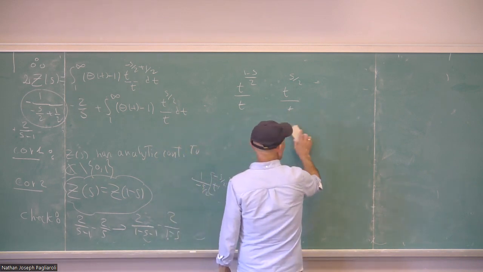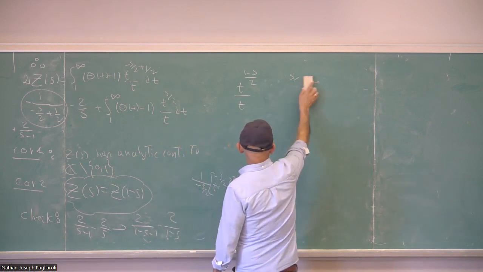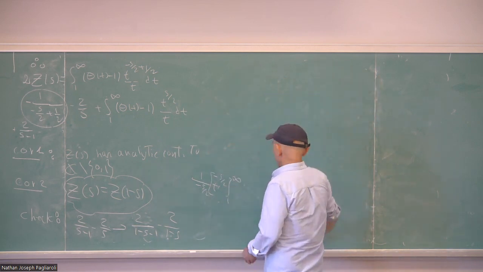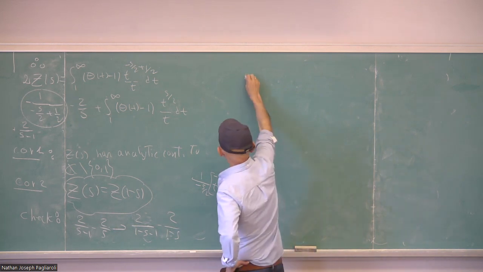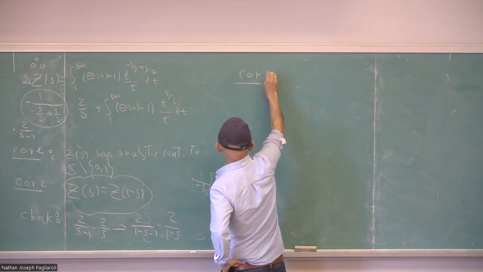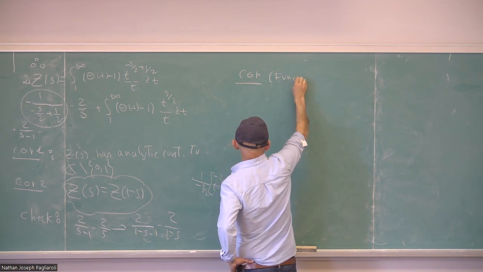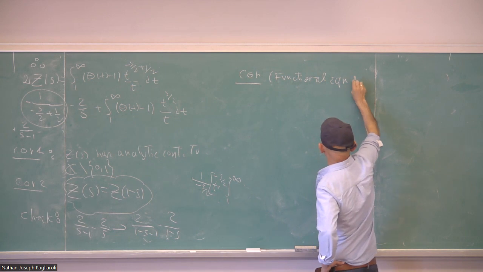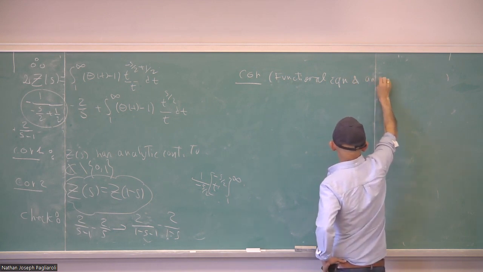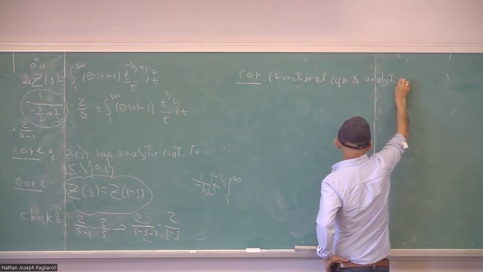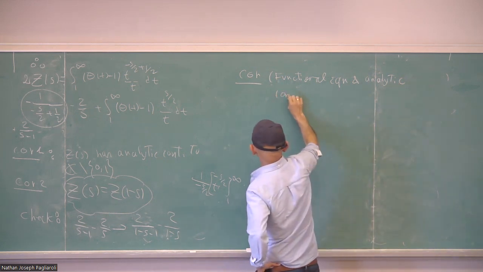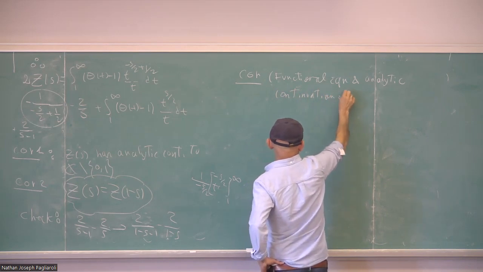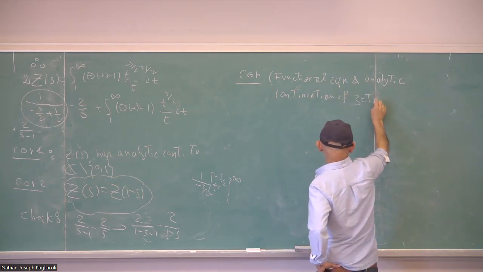So let me just write corollary and then we take a quick break. So maybe not so quick because we have to spend time. So the corollary is that this is the functional equation and analytic continuation of zeta function.